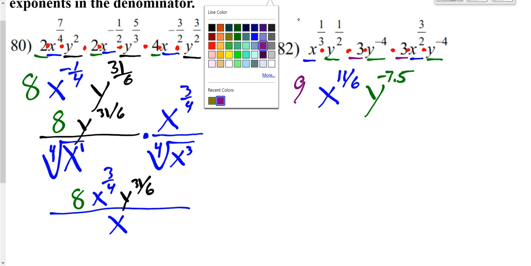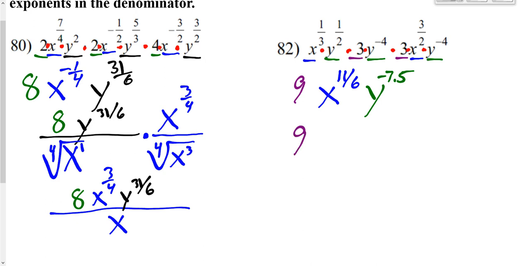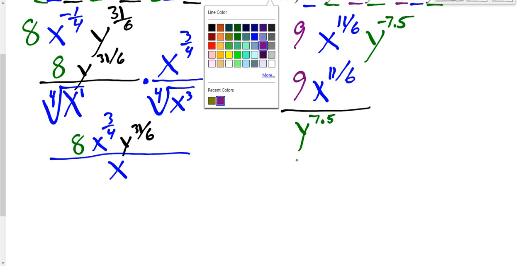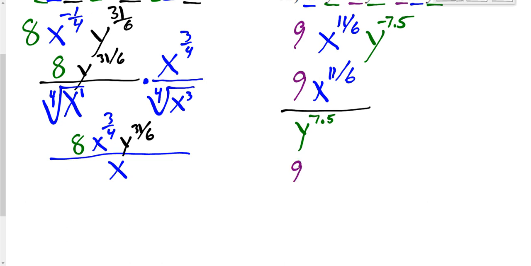But now, since we have a negative exponent, I'm going to have to move that down to the bottom, and then that would become a positive exponent. But now, I'm going to rewrite the bottom. So just a second here while I rewrite everything else.